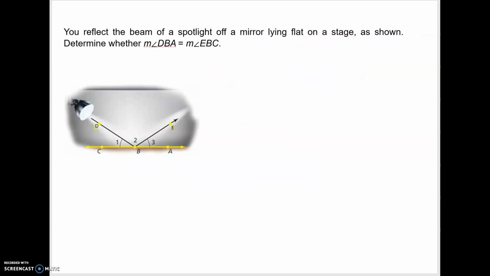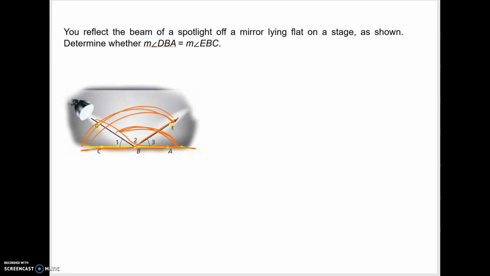A second example: you reflect a beam of a spotlight off a mirror lying flat on the stage as shown. Determine whether the measure of angle DBA and the measure of angle EBC are equal. So I'm looking at DBA right here and EBC, which is this one.